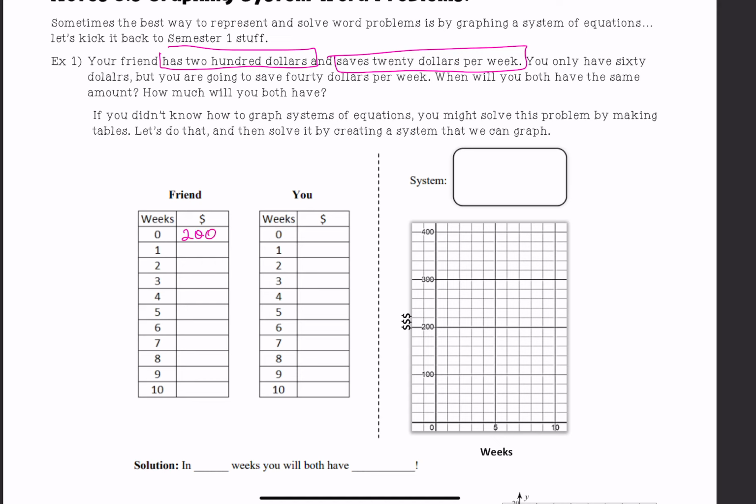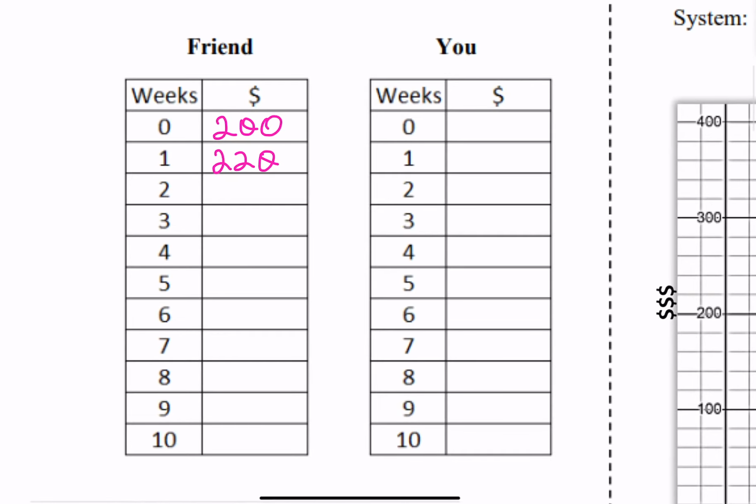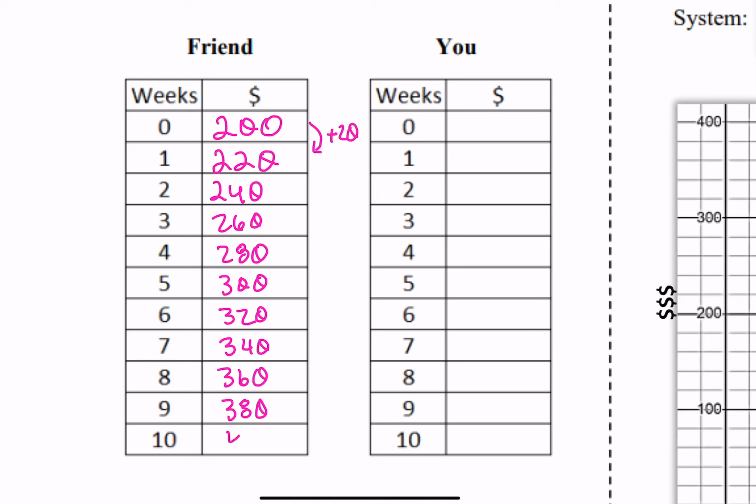But after 1 week, they're going to have $220 because they saved $20 per week. So bringing back that semester 1 skills, we're adding 20 every week. So we got 240, 260, 280, 300, 320, 340, 360, 380, 400.